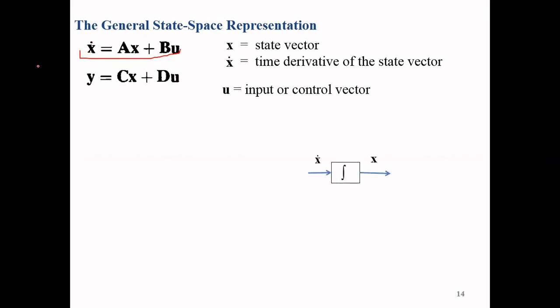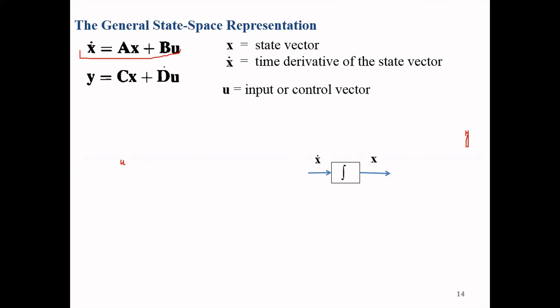Because x dot is the derivative of x, to convert x dot to x we need one integrator. So by using an integrator we convert this x dot to x. We have u as input and y as output. We are representing this in terms of a block diagram, the general state space representation.